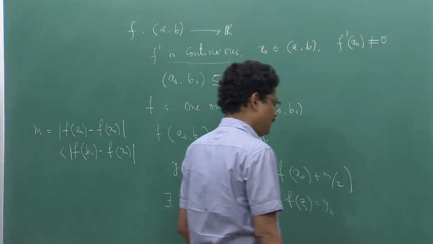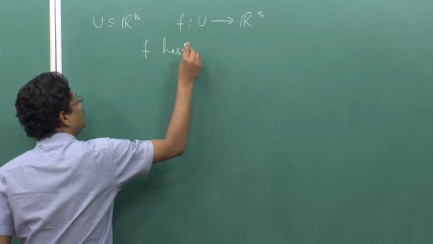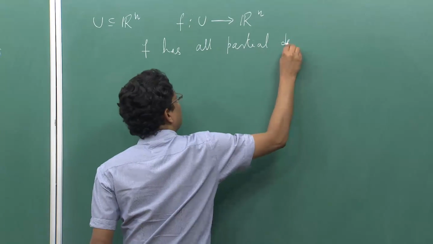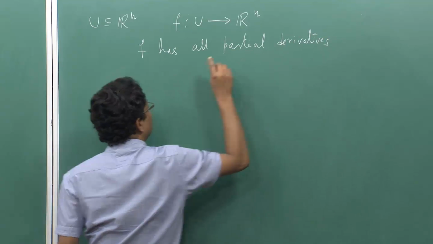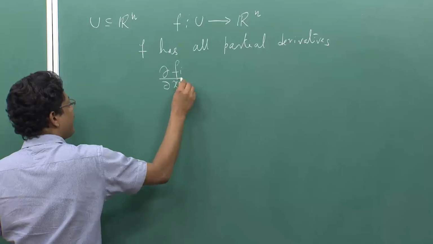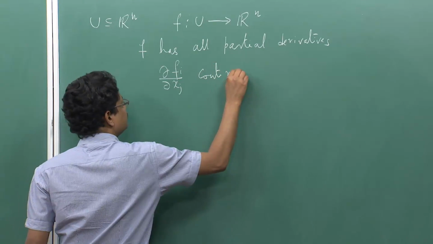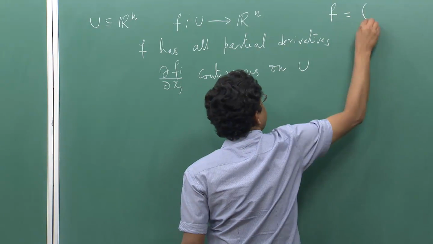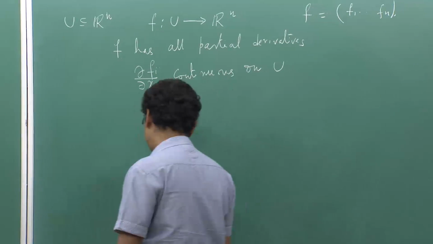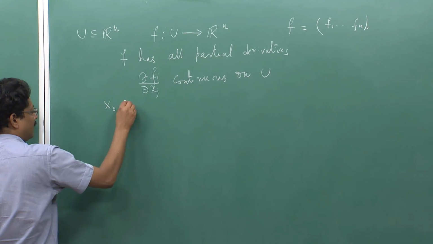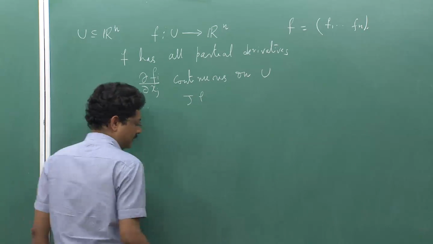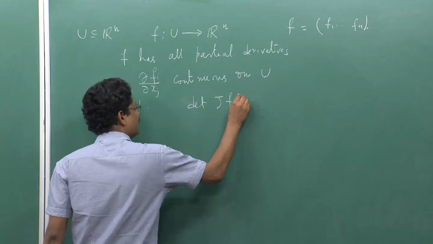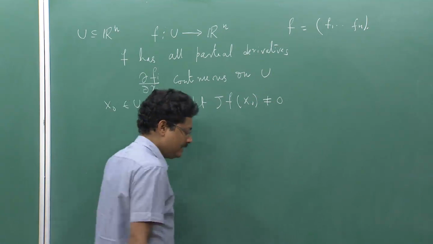Instead of f prime continuous, I will assume f has all partial derivatives del fi by del xj continuous on U. Recall that we can always write f as f1, f2, up to fn, and I have a point x naught in U where I assume that instead of f prime x naught non-zero, the exact analog is that the Jacobian has non-zero determinant, that is, the Jacobian matrix is invertible.